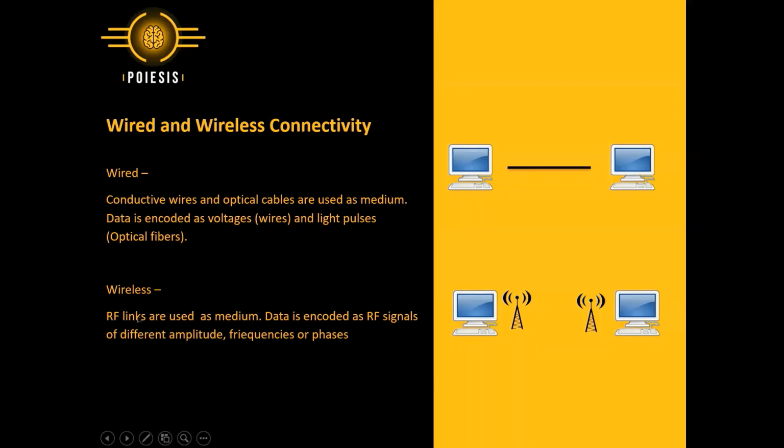Wireless, a preferred mode of connectivity, uses RF links as medium. Data is encoded as RF signals of different amplitude, frequencies, or phases.